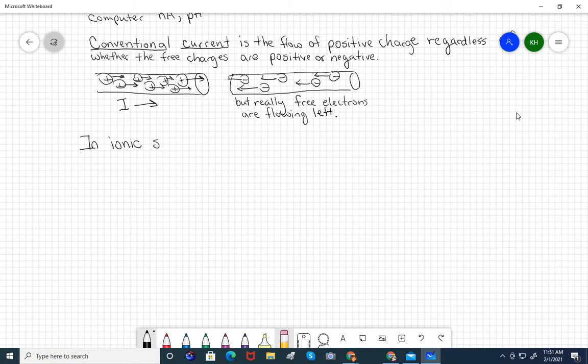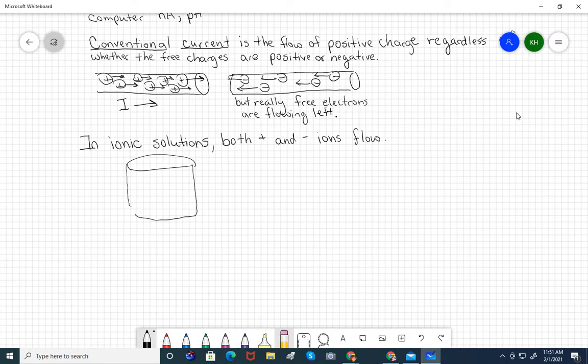In ionic solutions, both positive and negative ions flow. So for example, if you have a bunch of salt water in a beaker, you're going to have a lot of sodium ions and chlorine ions all in there.